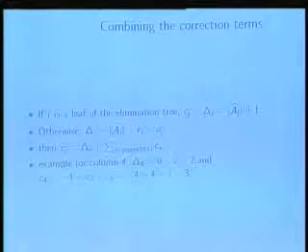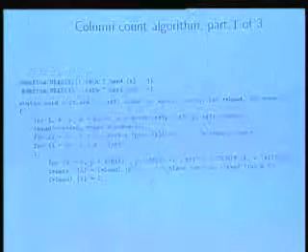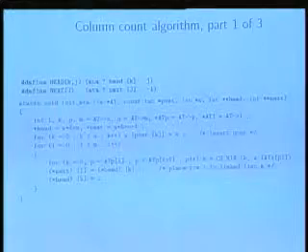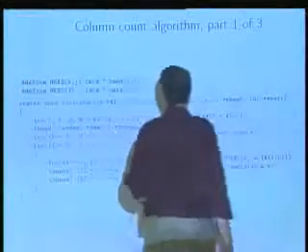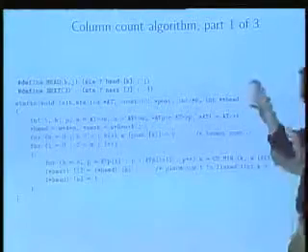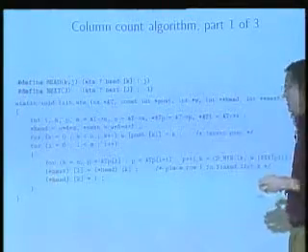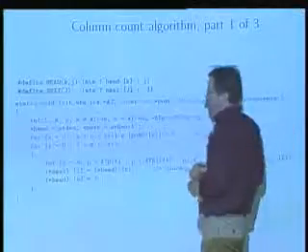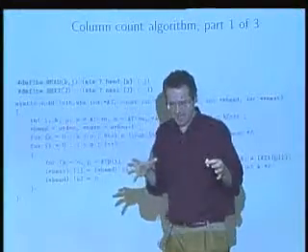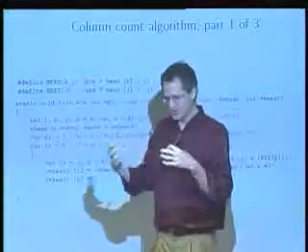Okay, so let's look at the algorithm now. There's some initializations here which I'm going to skip for the moment, just like the row count algorithm, and I'll come back to this when we do LU and QR factorization. I've focused so far on analyzing a matrix A and doing its Cholesky factorization.